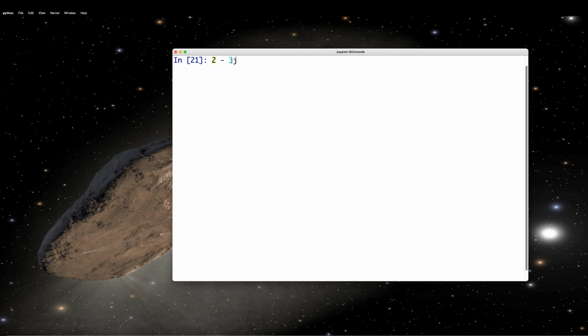So let's do some simple arithmetic operations with the complex numbers. For a start, let's do 2 plus 3J multiplied by, just a random one, maybe -4 and 9, and see what the answer is.